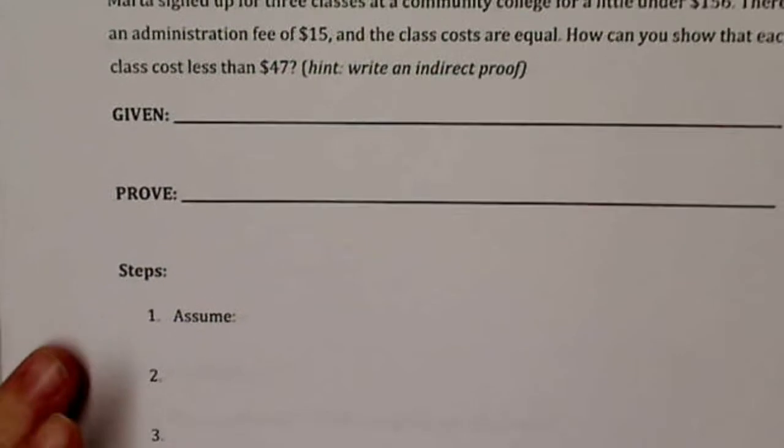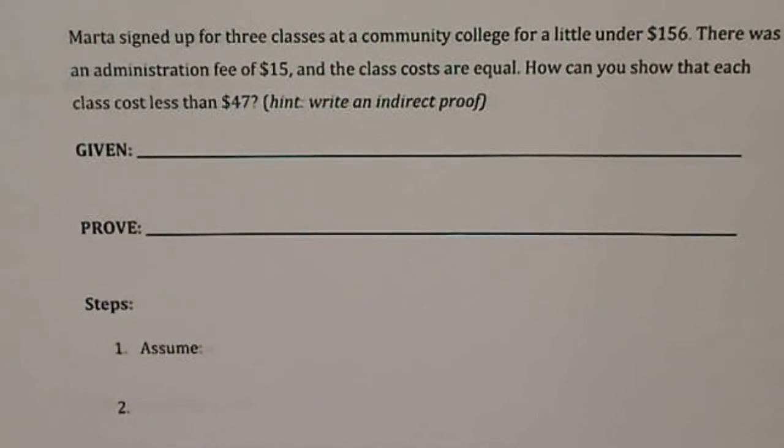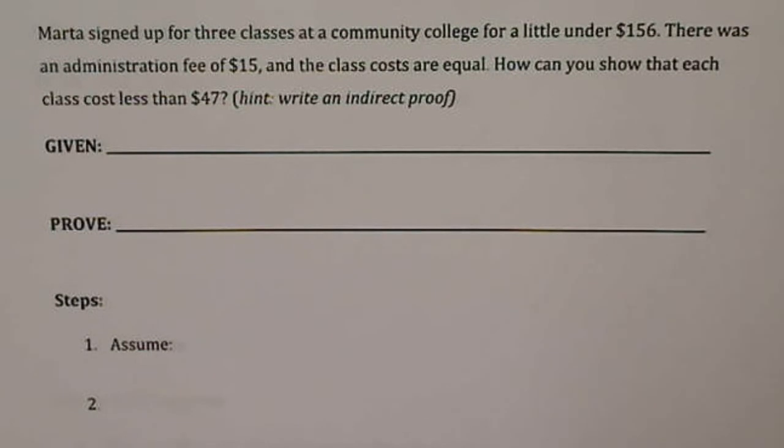Example 3. In this example, you are wanting to find out how each class can cost less than $47. You want to prove it by contradiction. So we're going to set up a proof. So what are you given?